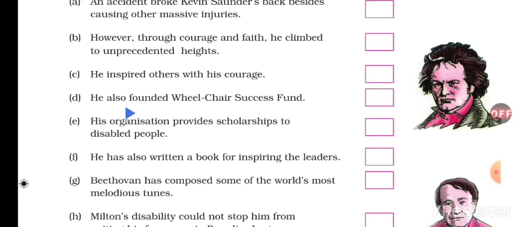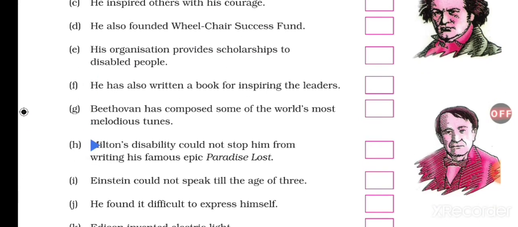Now, he also founded the Wheelchair Success Fund. Founded what? The Wheelchair Success Fund. It is also transitive. His organization provides scholarships to disabled people. His organization provides what? Scholarships. So it is also transitive.